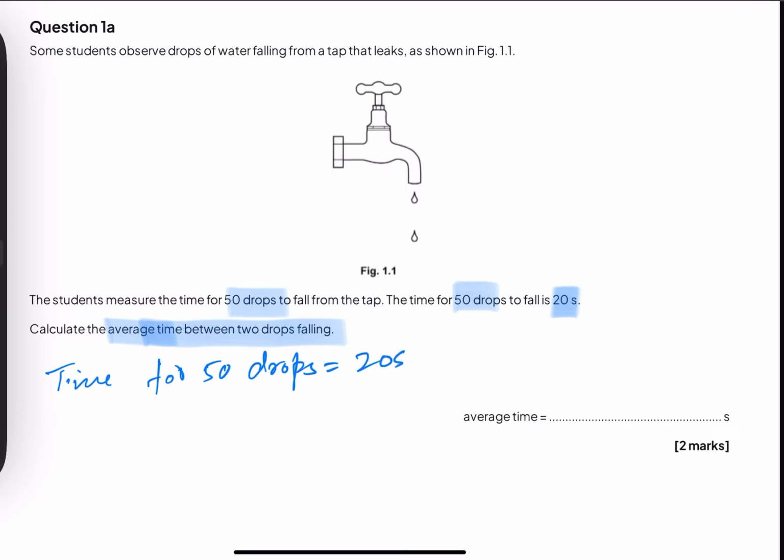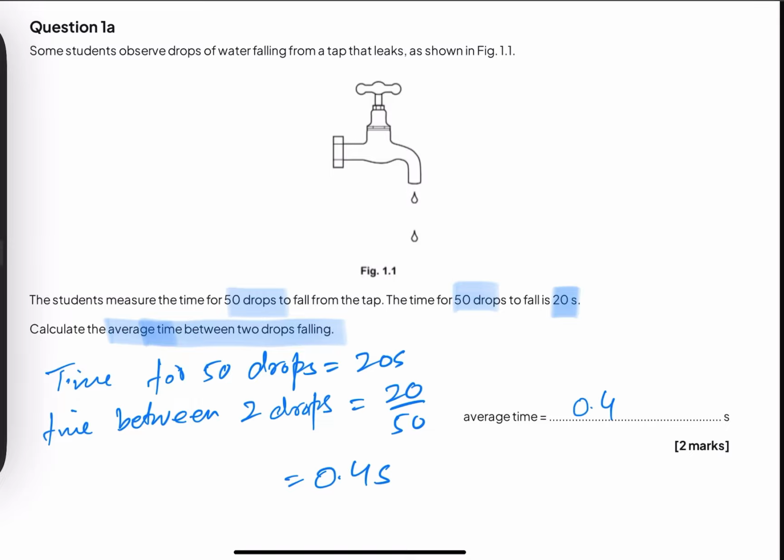So the time between two drops will be 20 divided by 50, that will give you 0.4 second.